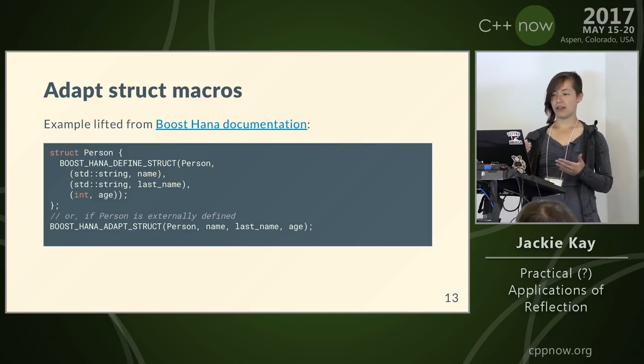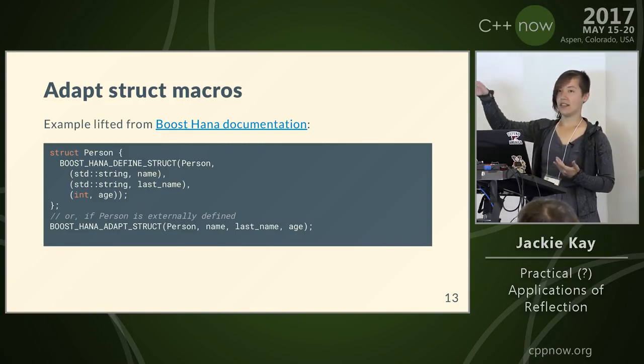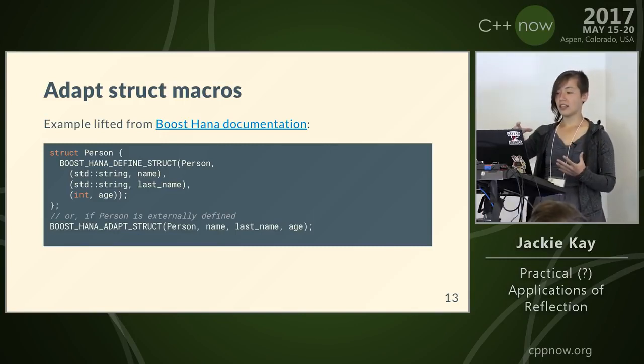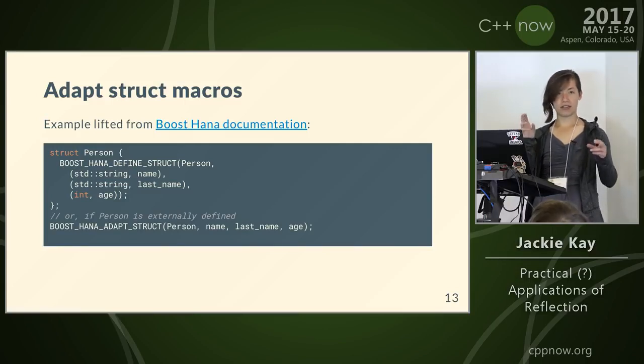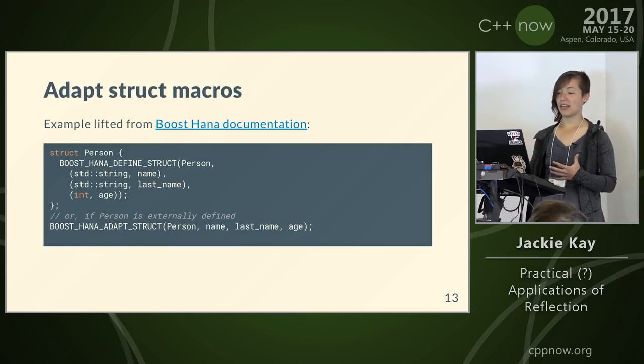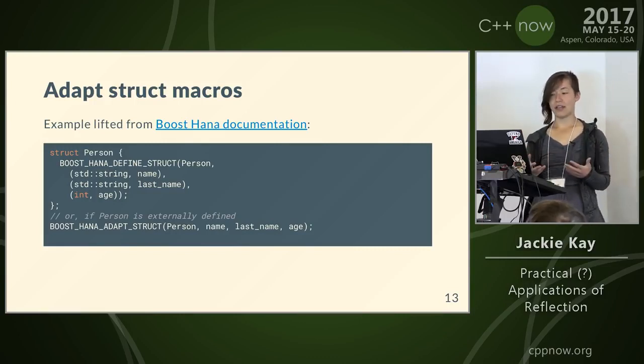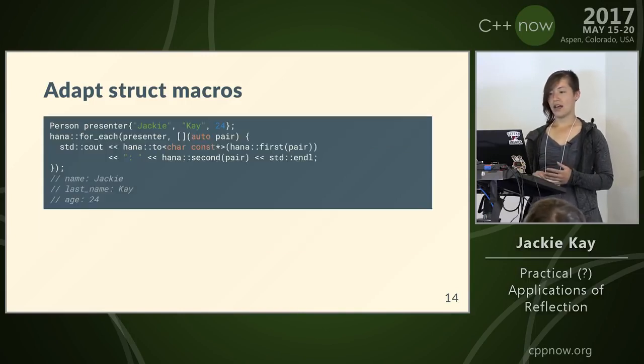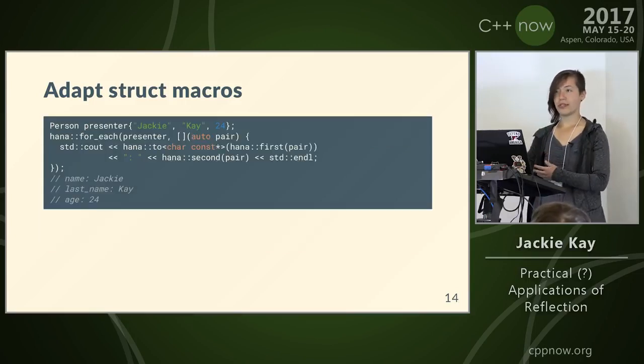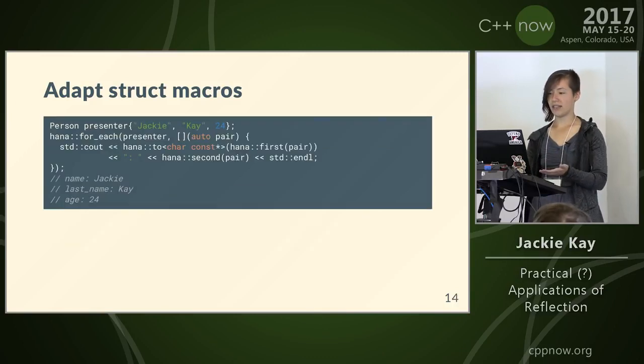So this is one way of defining a struct to be used with reflection using define struct. Or if the person struct we're trying to reflect on is not defined in your header, you can also adapt it externally. But the caveat is you have to know the types and the members, and you have to pass them to the macro.